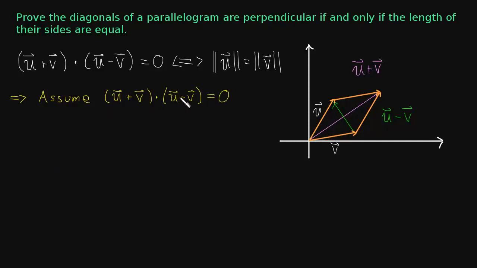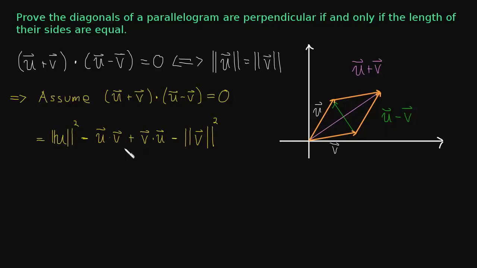Okay, well, let's just see what happens through this equation if we expand it out. So that equation implies, what is the dot product expanded here? Well, we're going to have u dot u, which we know is the length of u squared, minus u dot v, plus v dot u, and then minus the length of v squared, because this is just minus v dot v.